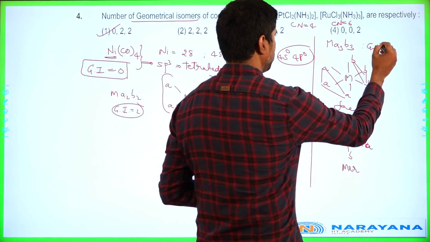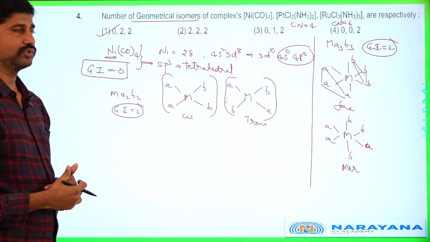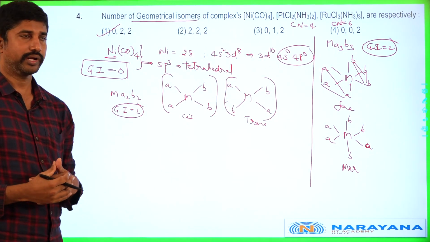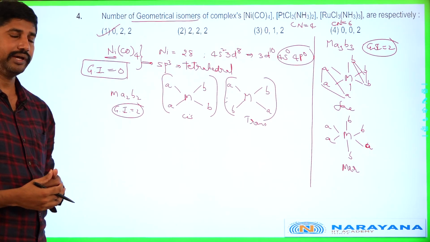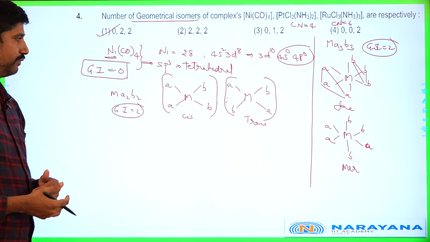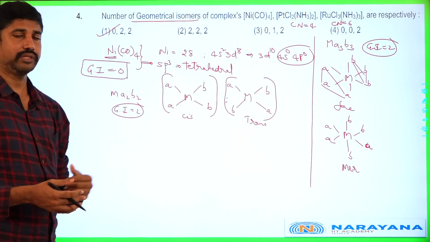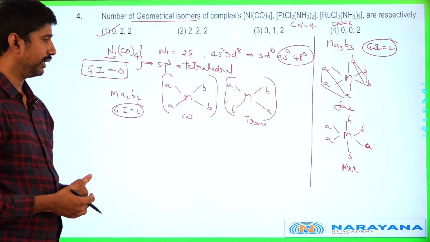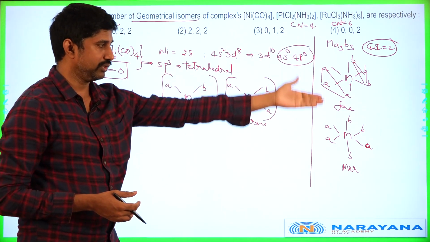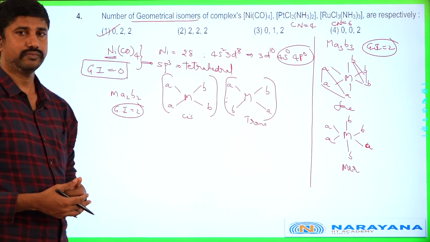So geometrical isomers are 2 for MA3B3, and so the ruthenium trichloride ammonia complex has 2 geometrical isomers. Ni(CO)4 has 0, and MA2B2, which is the platinum dichloro complex, has 2 isomers, and MA3B3 has 2 isomers again. So the answer will be the first option.